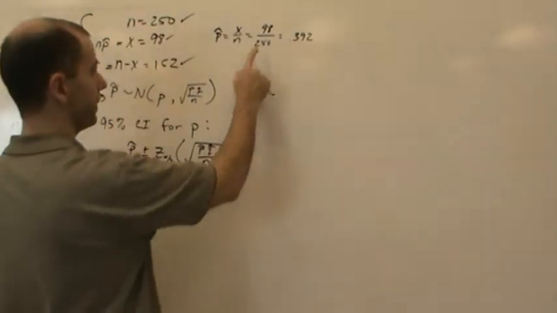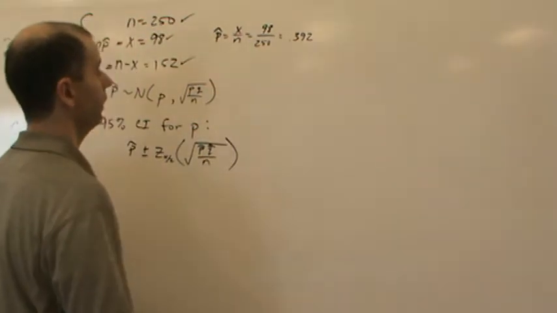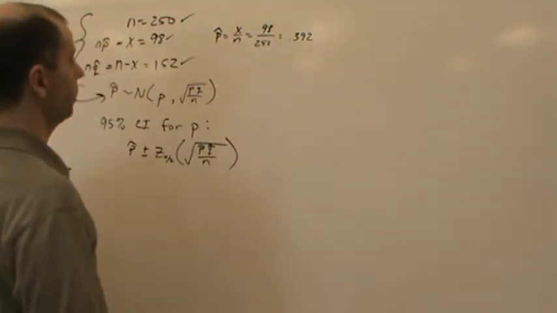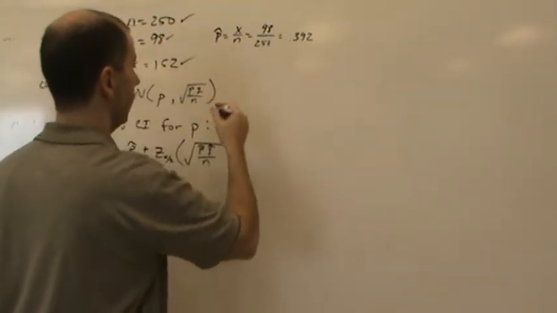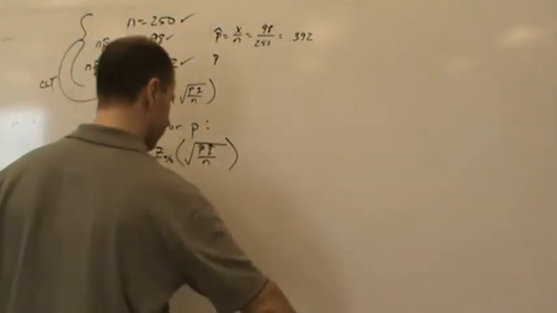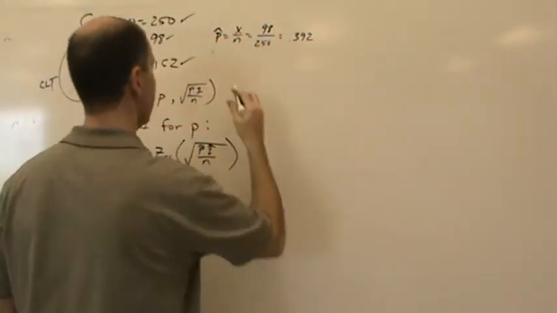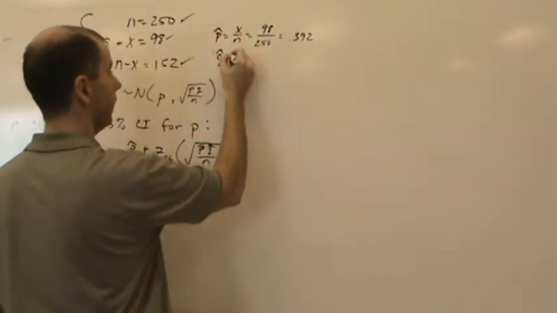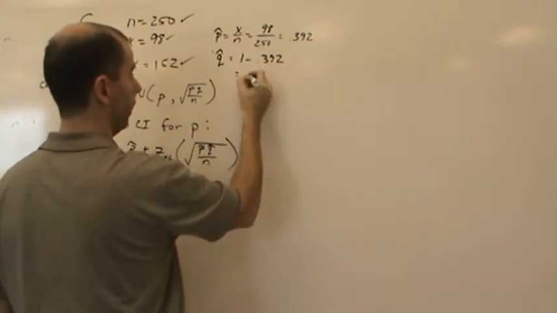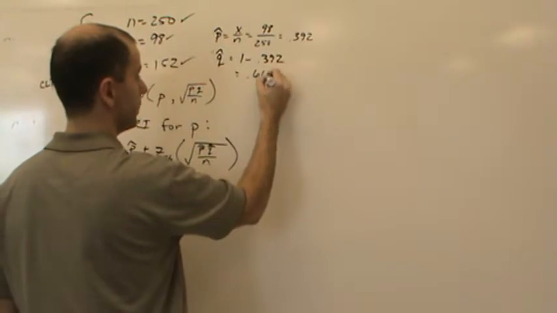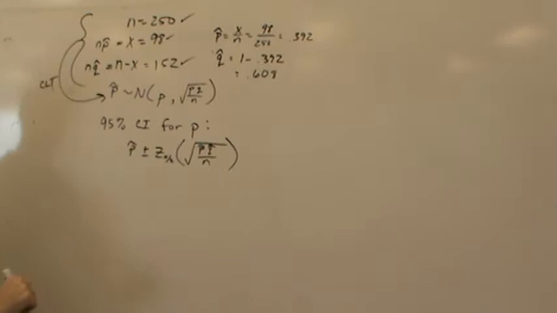If you multiply this by 4, you get 1,000. If you multiply 0.392 by 4, you get 360 plus 32. Yeah, so it's 0.392. And then q hat is just 1 minus that, so q hat equals 1 minus 0.392, which is 0.608. Now I've got all my information.